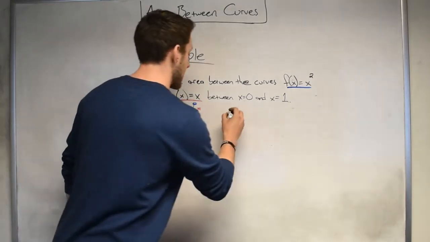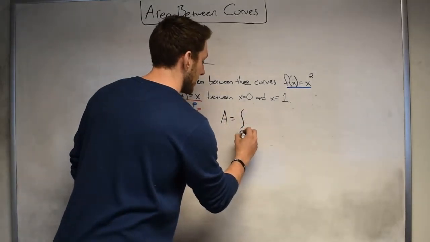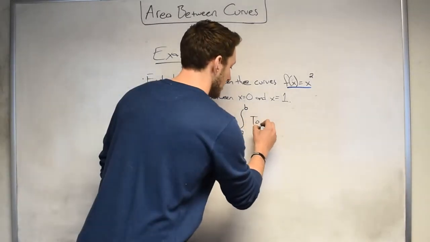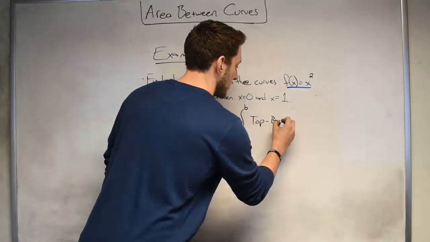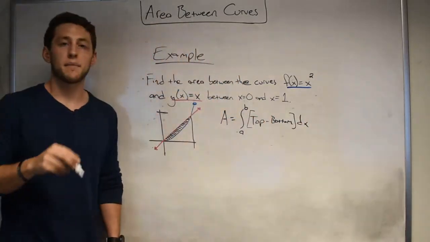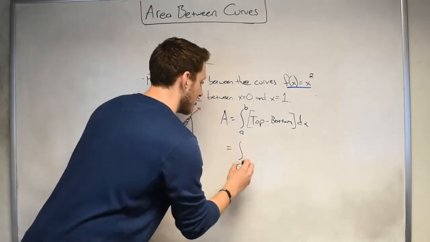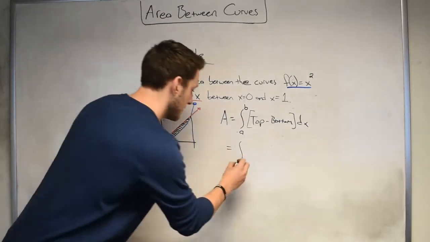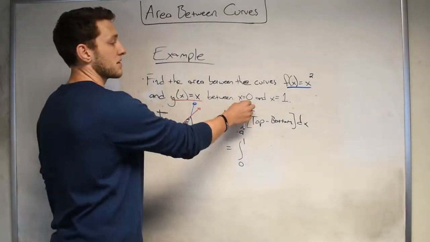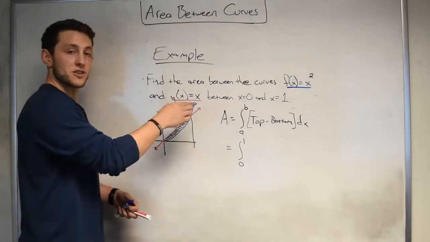Well, remember the setup will always be the integral from your left to your right, we'll signify that as a to b, of our top function minus our bottom function, all with respect to x. Top minus bottom always. In this case, our left endpoint is 0, our right endpoint is 1, taken from x equals 0 and x equals 1, and our top function in red is g of x.